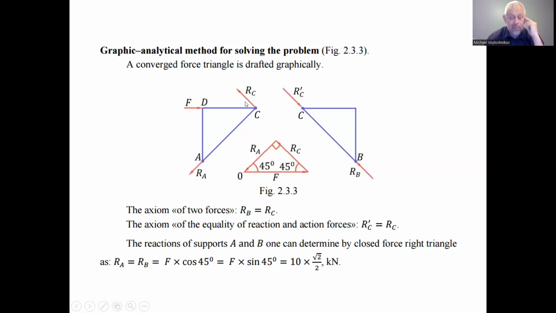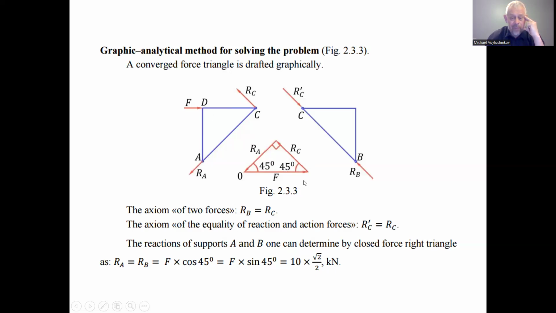So we can find for the left one that RA is 10 multiplied by square root of 2 divided by 2 kilonewton.